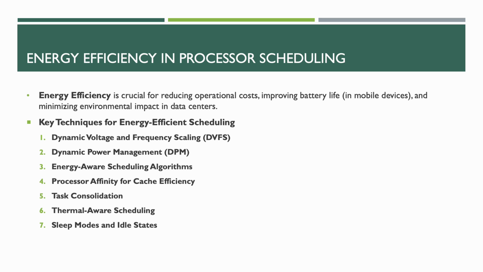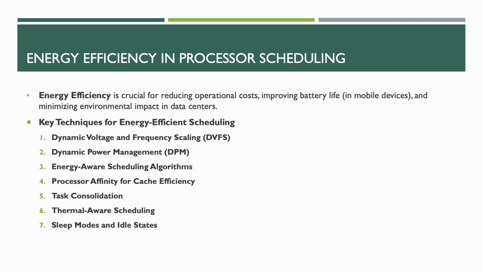Then processor affinity for cache efficiency, like assigning processes to specific CPU cores to reduce cache misses and memory access latency. Task consolidation, which reduces the number of active processors by scheduling tasks on fewer cores while keeping others in low power mode.